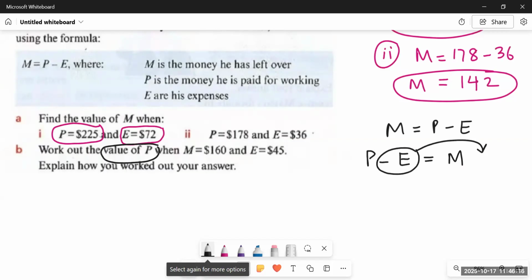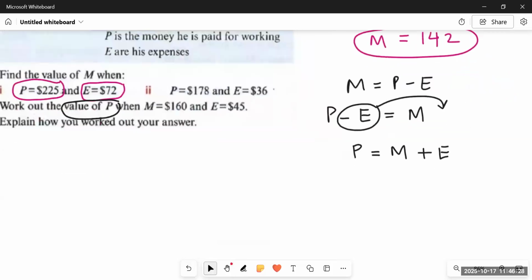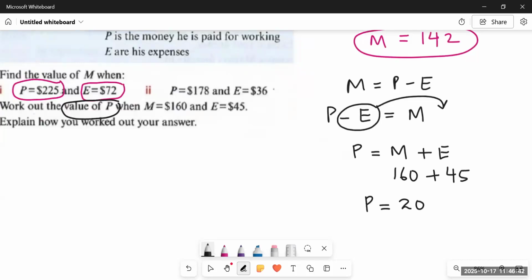And it would turn out to be P is equal to M plus E. From minus E, when we change its side, it would become plus E, right? So we will simply have to substitute the values of given M as 160 and E as 45, and we will get the final answer. That's 205.